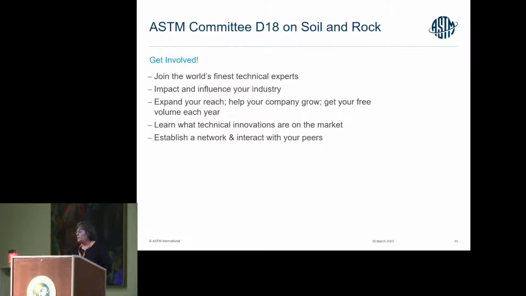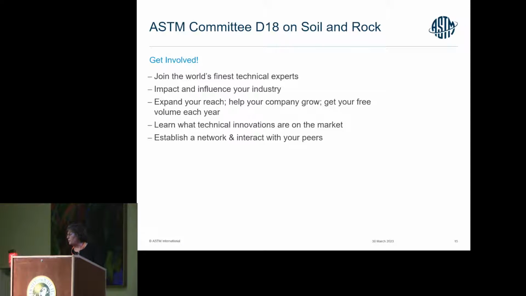So anyone can be involved in ASTM. The annual member fee is low at $75 a year, and in addition to the benefits that I've already mentioned, you get a free book of standards every year.